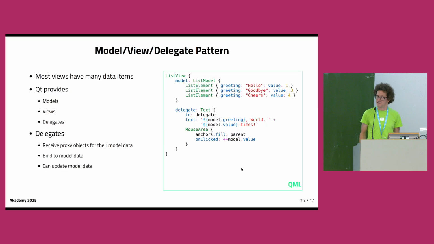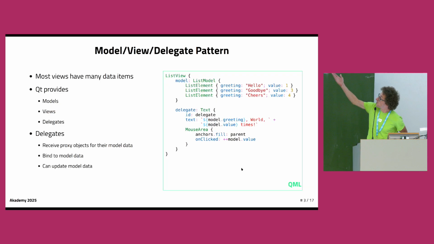So if you look at this little piece of code here, you have a ListView, and I put a ListModel in there because it's the easiest thing to do. It's not necessarily because you should do that. And I've added a little delegate that gets this model object. That's a bit magic, this model object, but everybody seems to know it.